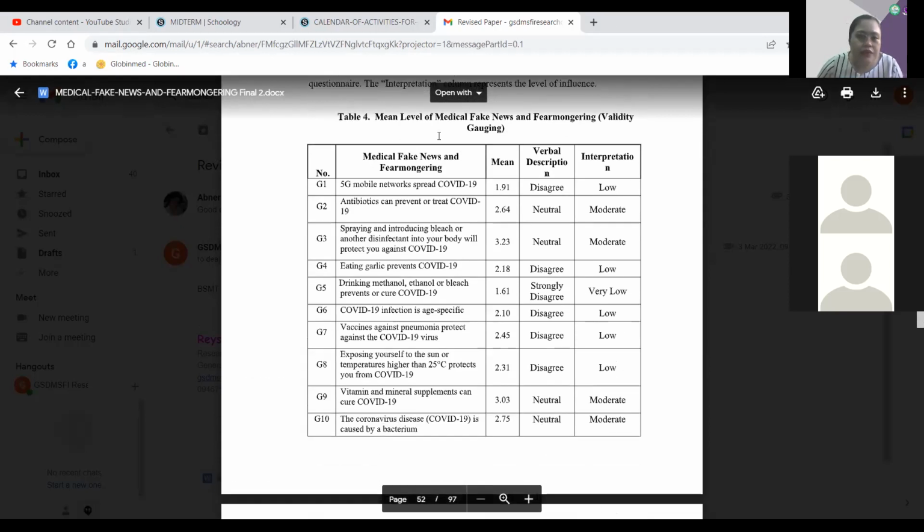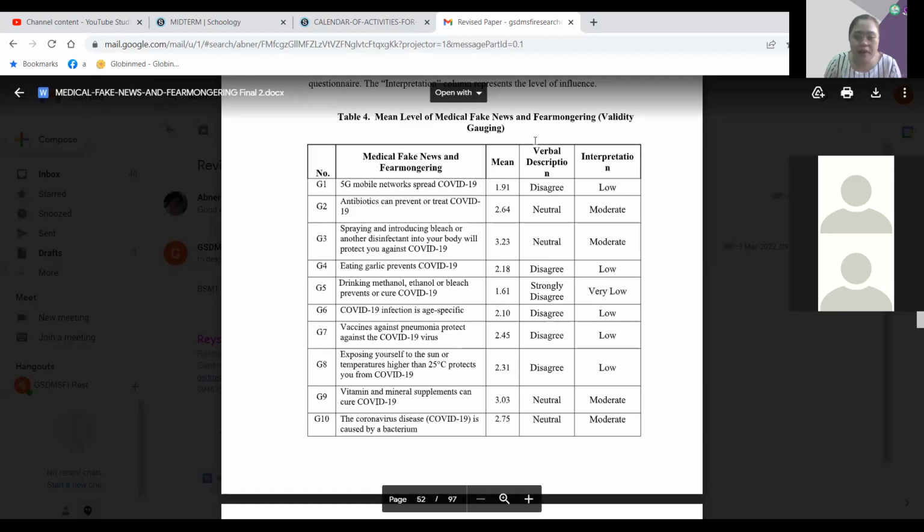And then take note of this. They have now the mean level of medical fake news and fear-mongering. Ang gagawin nyo for those na may mga questionnaires, you really have to include all questions or all statements there. Okay? Hindi kasi lahat questions, di ba?